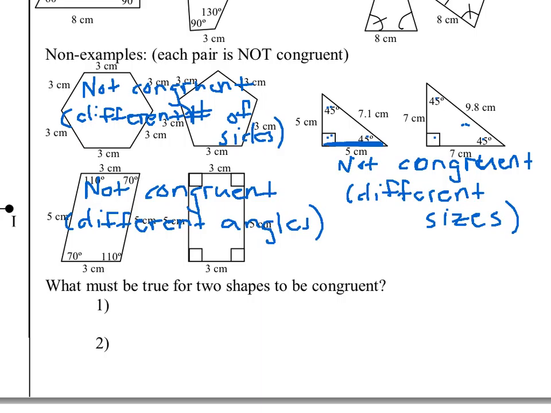So if we want to determine if two shapes are congruent, there's two specific ways to talk about it. We said that they have to be the same. And specifically, we're talking about the same size and the same shape.